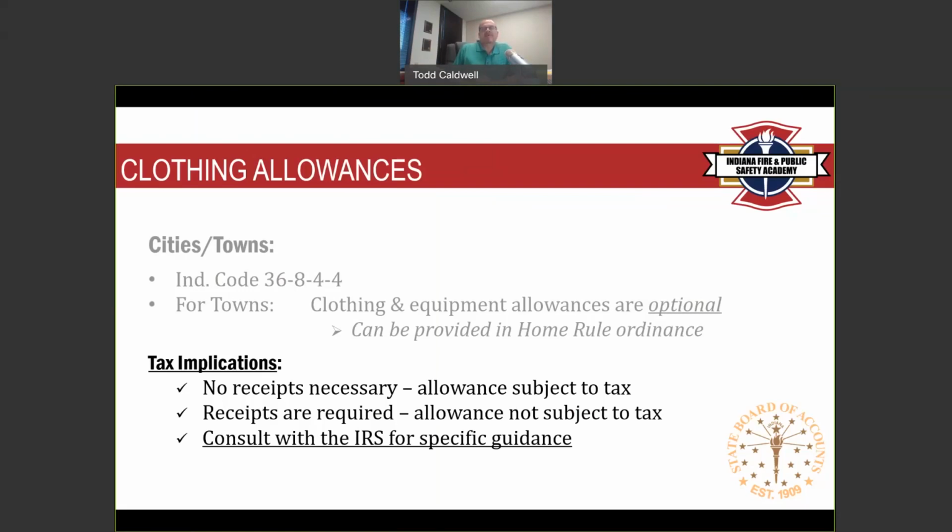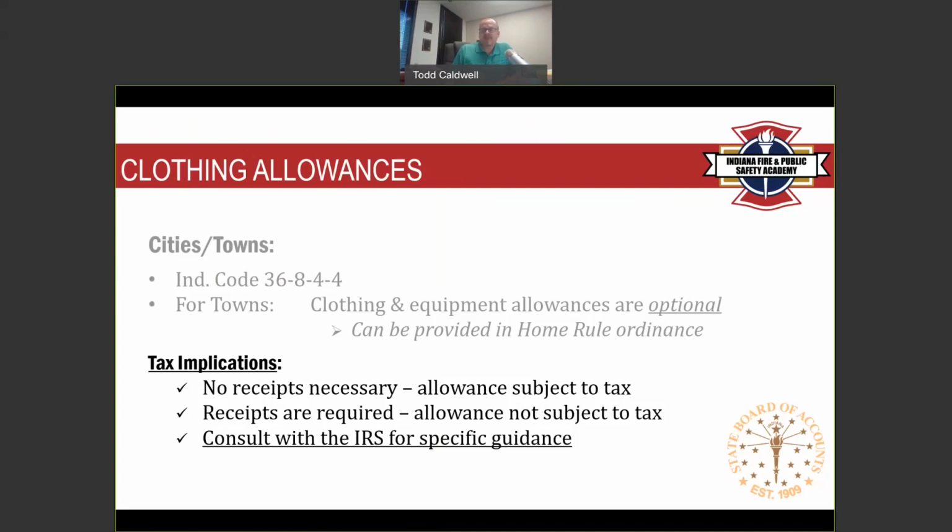What I can tell you about the most common questions that we get regarding this is, is this clothing allowance taxable or not? And it's our understanding that if the unit that you work for writes you a check for your clothing allowance and you don't have to turn in any kind of receipts or documentation showing what you purchased it for, that would be subject to tax.